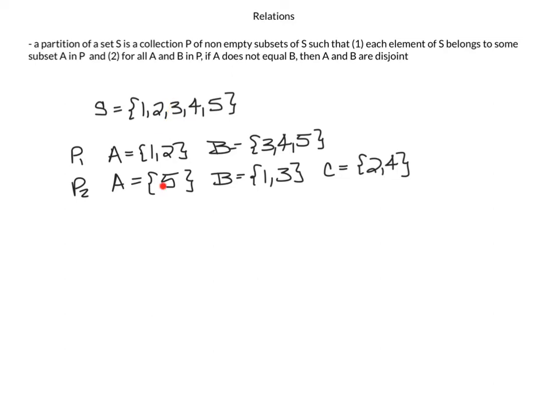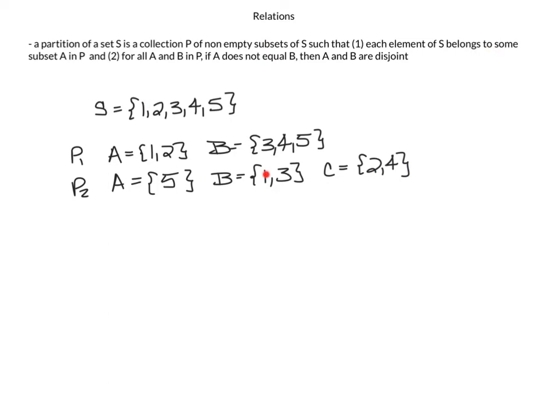And then I did a second partition P2, and I put 5 into A, 1 and 3 into B, and 2 and 4 into C. So again, it satisfies the definition of a partition. It's a set of non-empty subsets. Each element of S belongs to one of them, right?